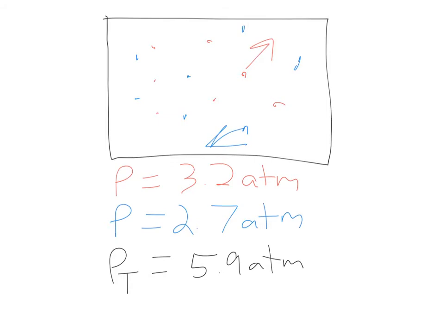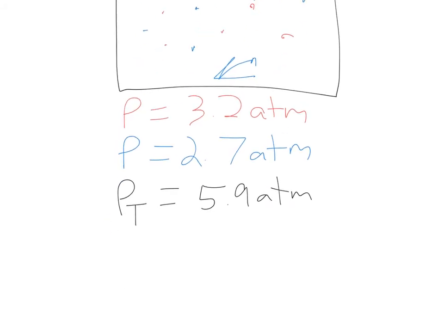And I think you could do the equation like this, that the P total is going to be equal to the sum of P1 plus P2 dot dot dot for as many gases, Pn for n number of gases, as there are inside that container. So you could put as many different gases as you like. If you add up all of their individual pressures, you will get the total pressure.